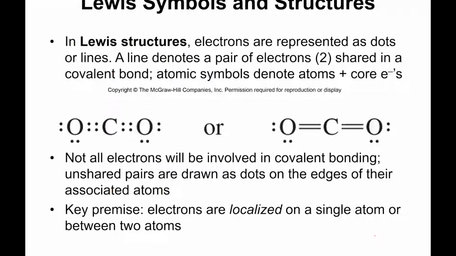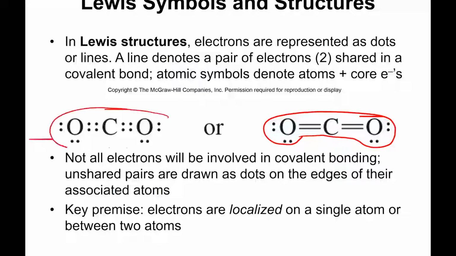So remember that in Lewis structures, electrons are represented as dots or lines. I prefer that you draw it like this example, in which your bonds are lines. However, for Lewis dot structures you are allowed to complete a structure like this if it helps you understand where the electrons are coming from.